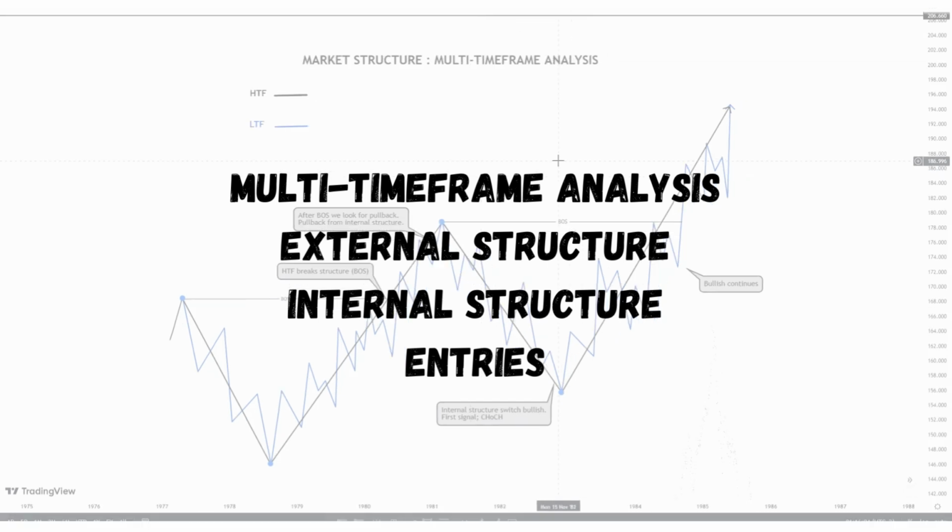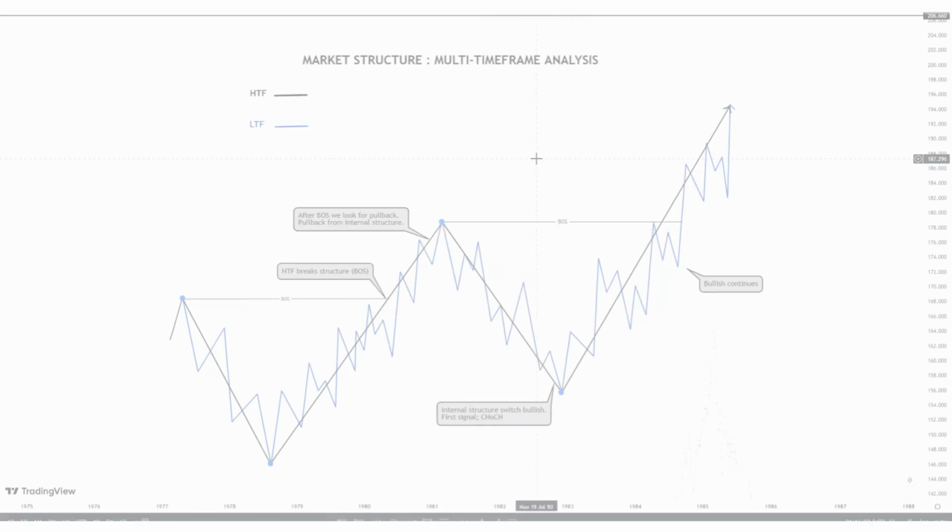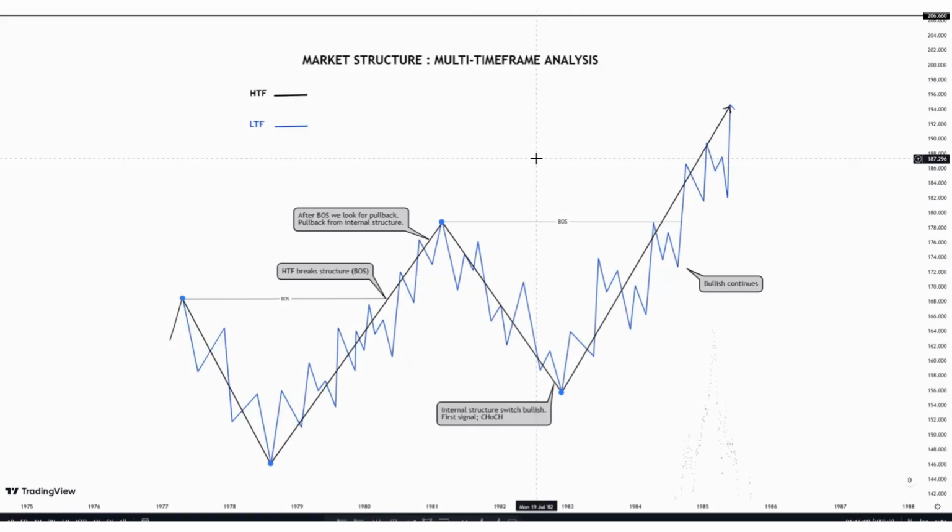One of the things that you'll be gaining in this video is clarity. You'll gain a lot of clarity on the market. You will just know where the price is. It's very important to know where the price is and what to expect. Are you expecting a pullback? Are you expecting a continuation?